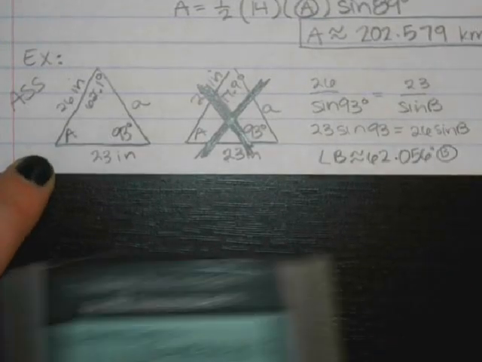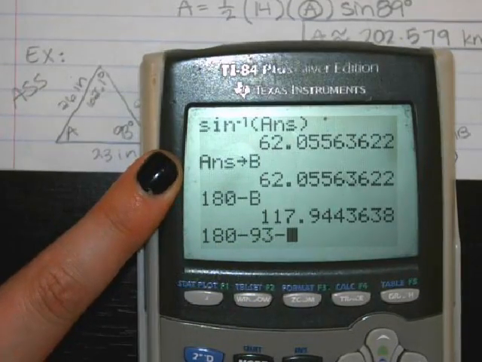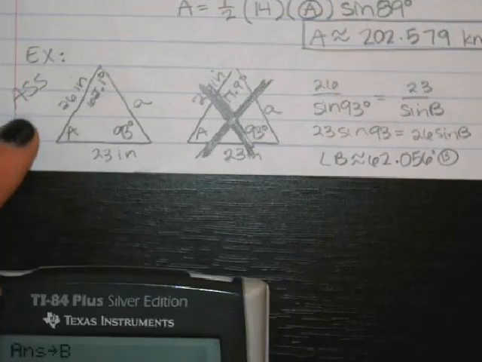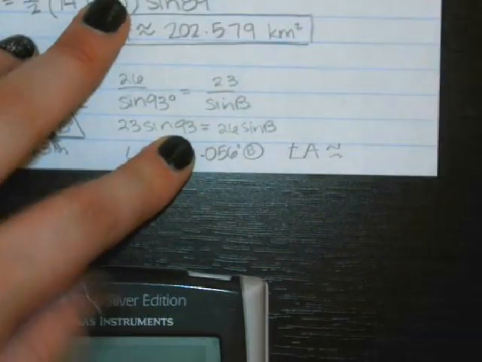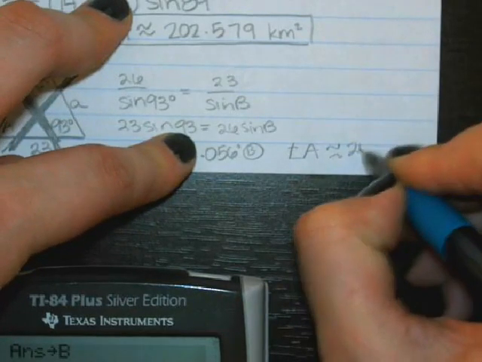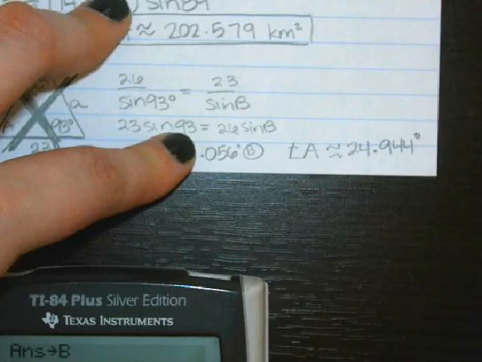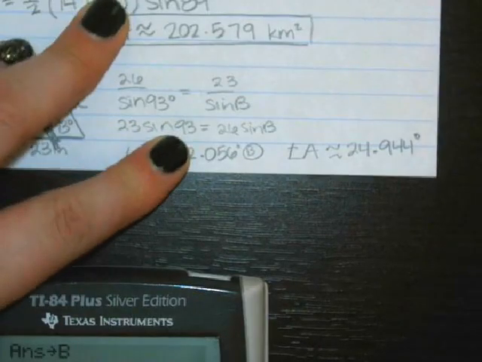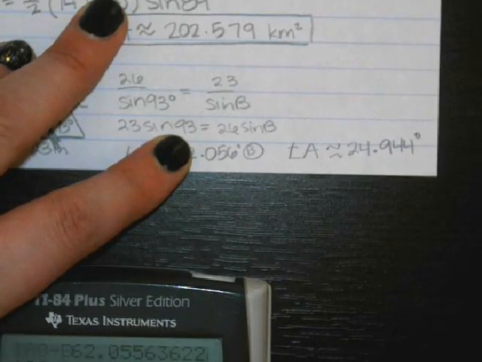So I'll do 180 minus 93 minus angle B. And then angle A, I'm going to write it over here so you can see it. Angle A is 24.944. And I'm going to go ahead and store that because I am about to use that in the formula. So I'm storing that as A on my calculator.